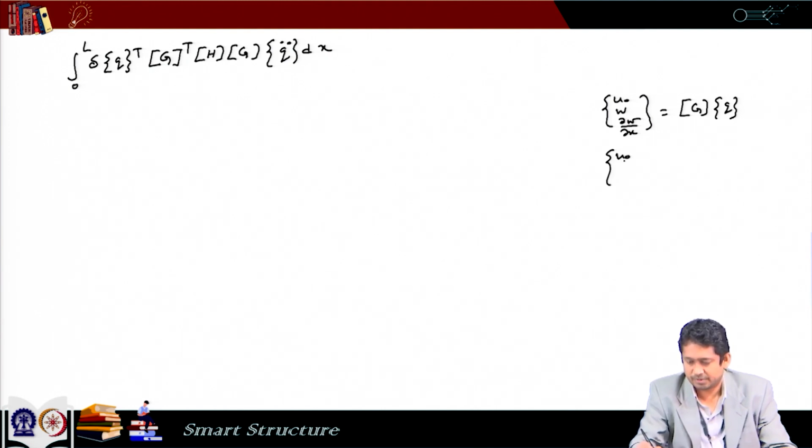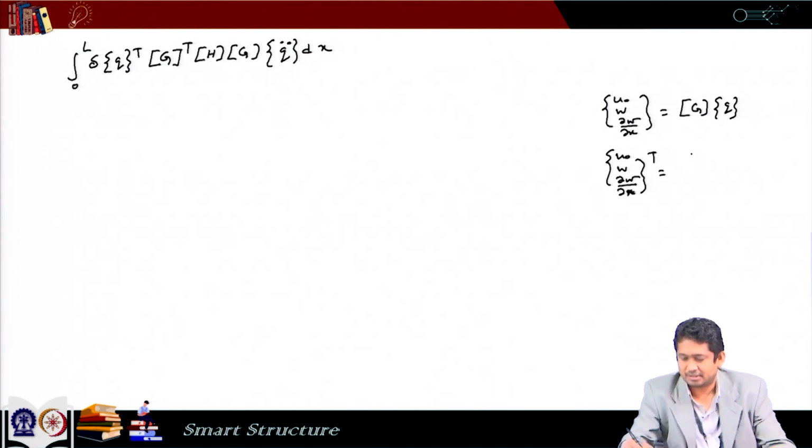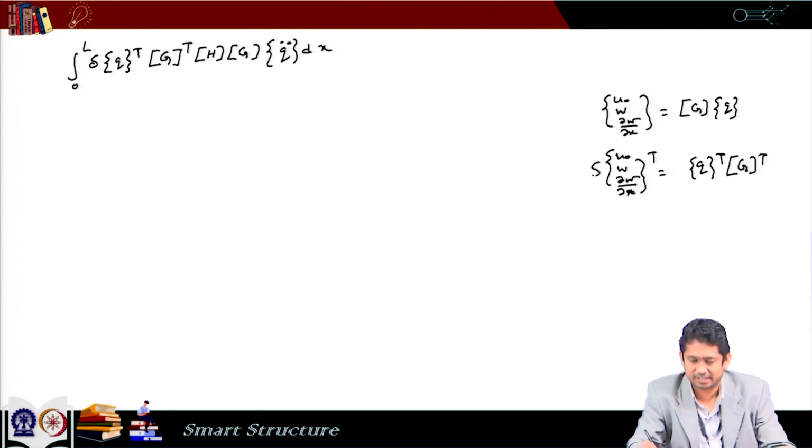So, u0 w del w by del x transpose, which is a row vector, becomes q transpose G transpose, and then if we take a variation, the variation comes here.